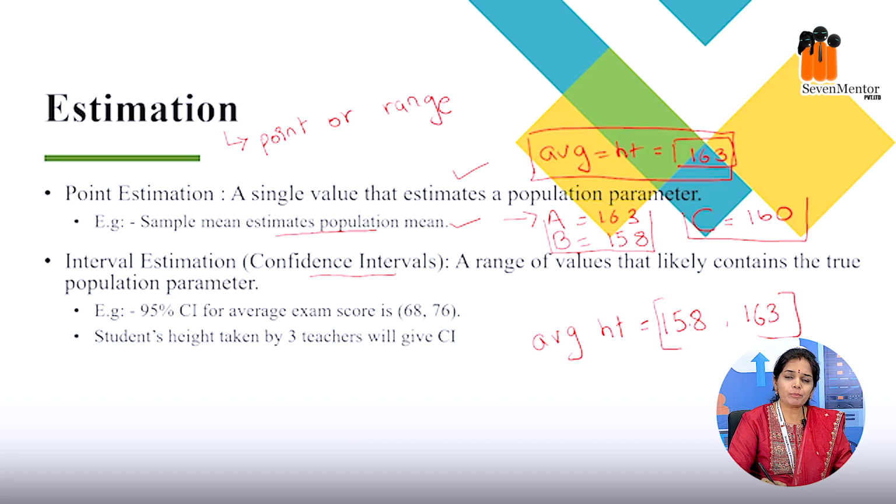Correct? So the population mean can lie anywhere between 158 to 163. Let any other professor or any other person come and check the average height. Clear? So this range is known as the confidence interval.